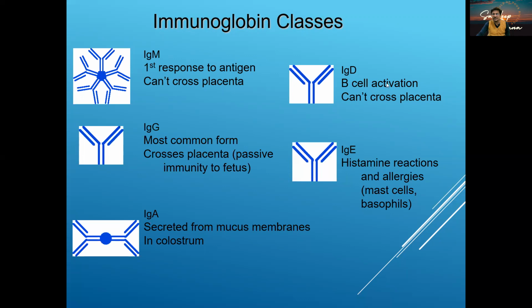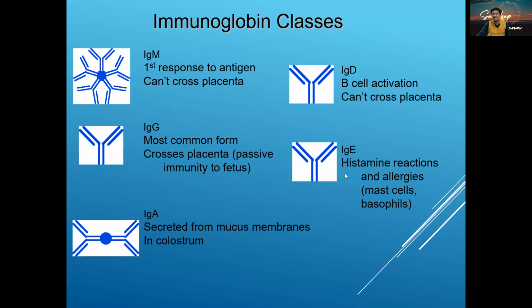Then IgD, which is required for B cell activation. IgG is the most common one. The heavy chain is gamma, and this is the one which can pass the placenta, so it provides passive immunity to the fetus.